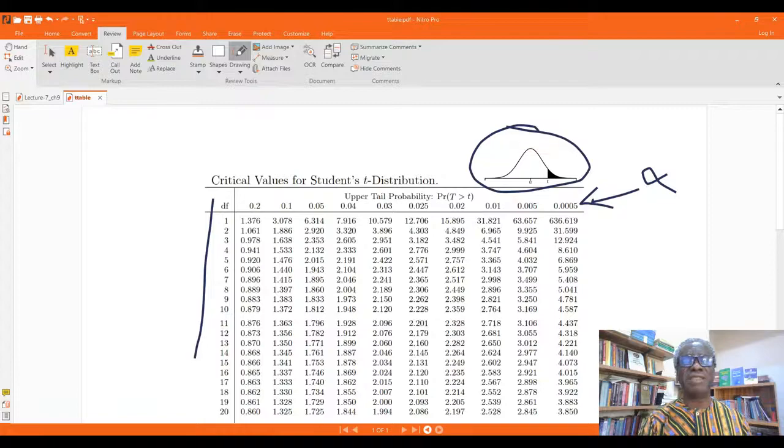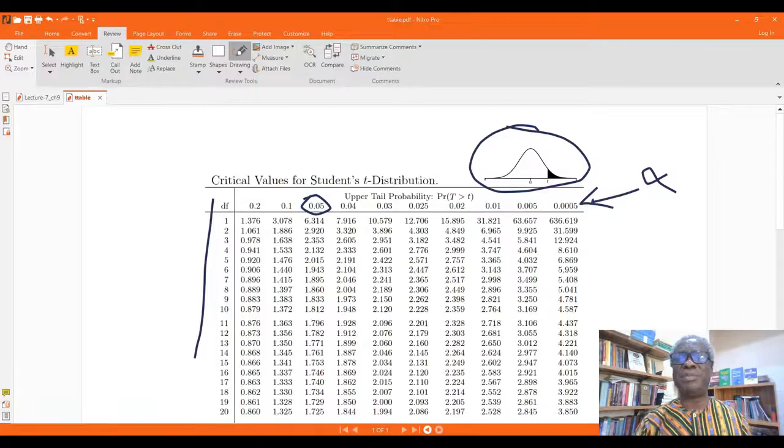The critical values table is showing the upper tail probability. So when you look at, for instance, 0.05, then it's talking only about the upper tail, which is if the hypothesis is saying greater than the value of the t there.